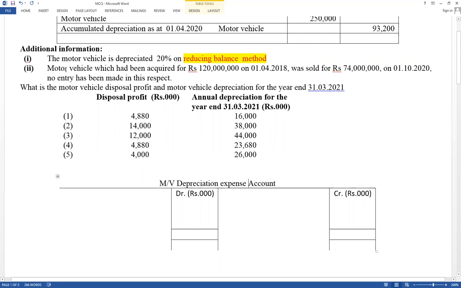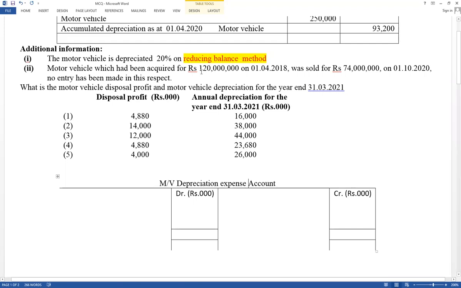At first, think about the cost value of the disposal asset. Try to calculate it yourself, and if you can't, watch the video again. Important area. If we sell a motor vehicle, the motor vehicle in the business decreases. Effect for motor vehicle: decrease.